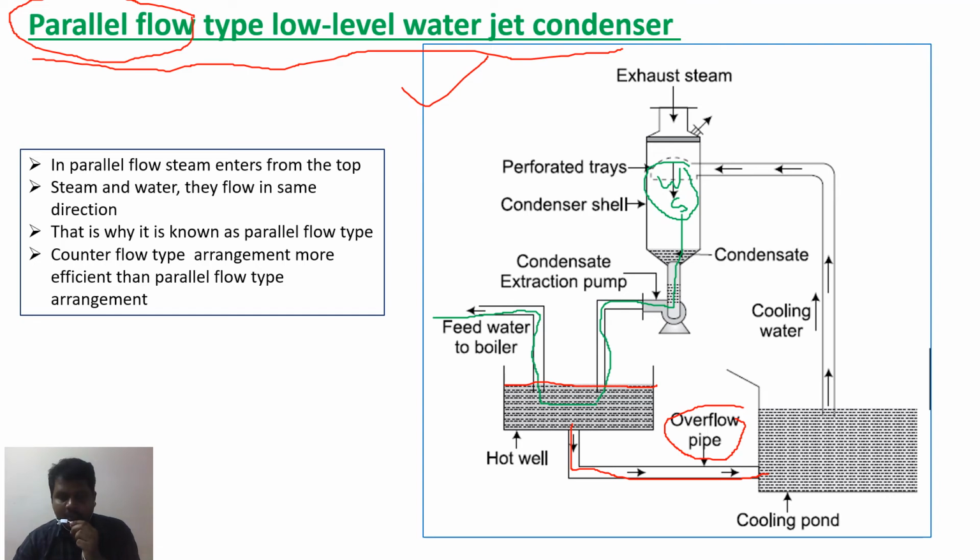Since this cooling pond already has water, that water will be sent to the vessel. Okay, this is the working of the parallel flow type low level water jet condenser. But for the counterflow arrangement, the efficiency is higher than the parallel flow type.